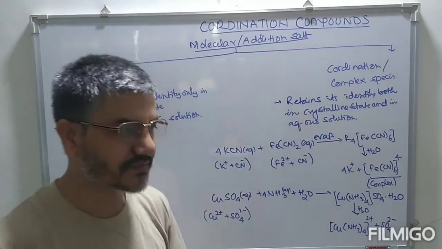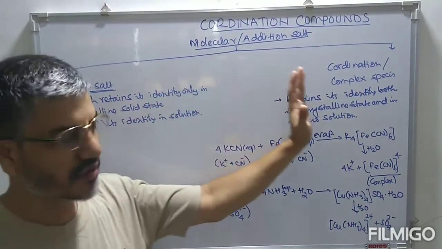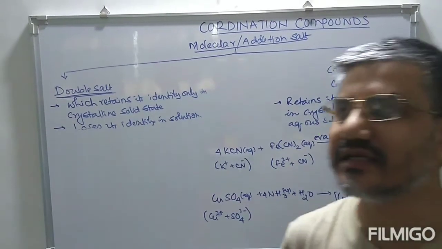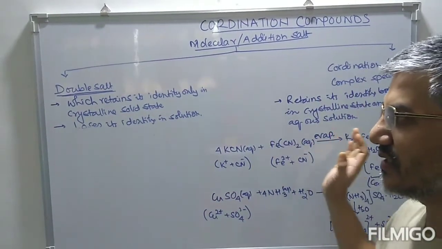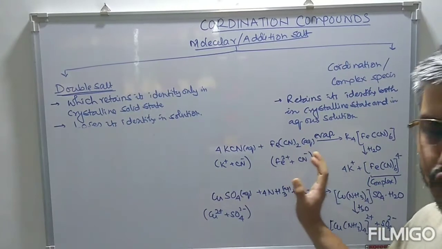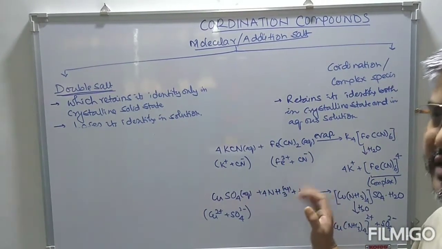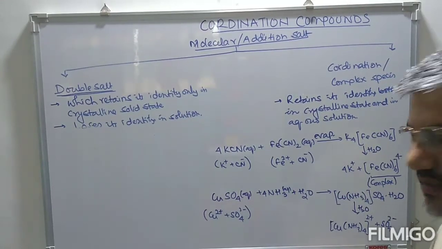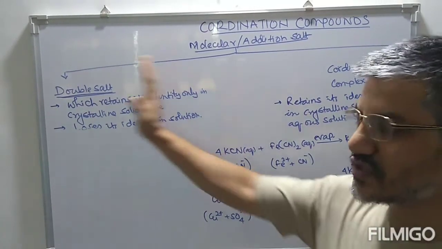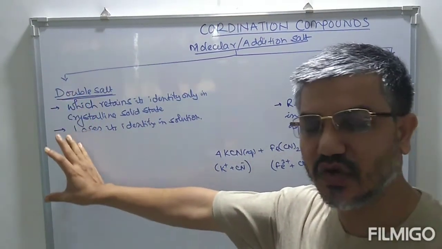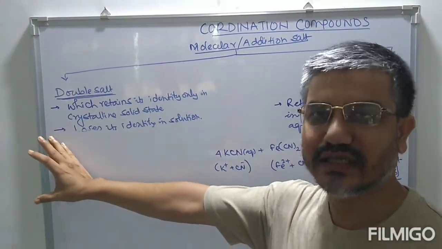So the basic difference is coordination compounds retain their identity both in aqueous solution and in crystalline state, and individual ions lose their identity. Some of the ions may give their test, but most of the ions will not give a test. Whereas in case of double salt, this retains its individuality only in crystalline state.